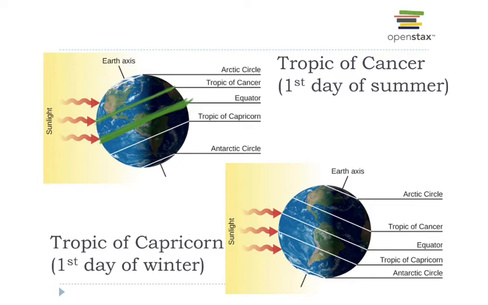And the Tropic of Capricorn, which is below the equator here, is where we would be the first day of winter. And so again, those light rays being slightly angled.